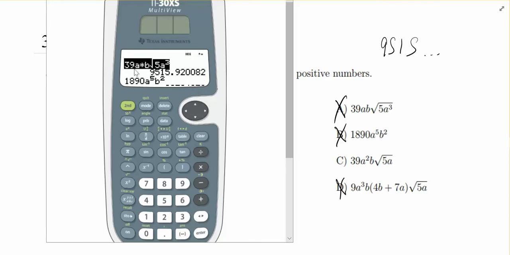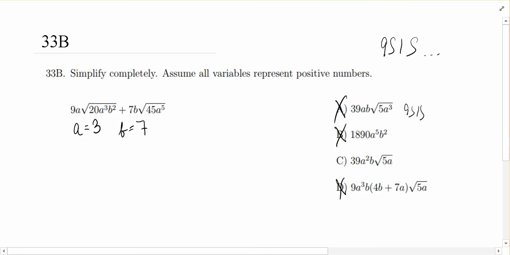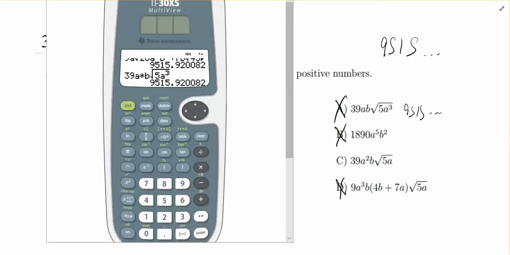So if I have 39ab square root 5a cubed, I actually get the same value. So what that tells me is I actually can't cross off that value because it could be equivalent. It doesn't mean it's the right answer, and it's not. Remember, we said that that's not simplified.